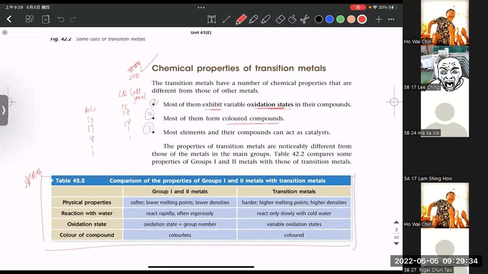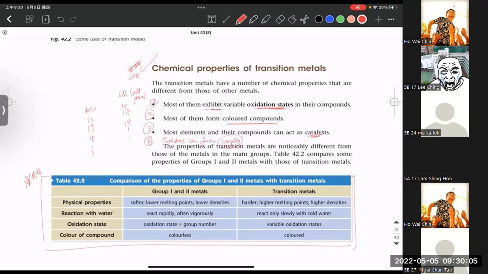Three, most of the elements and their compounds act as catalysts. Number four, for A level, their ions are able to form complexes, while it is quite rare to find complexes in main group metals.